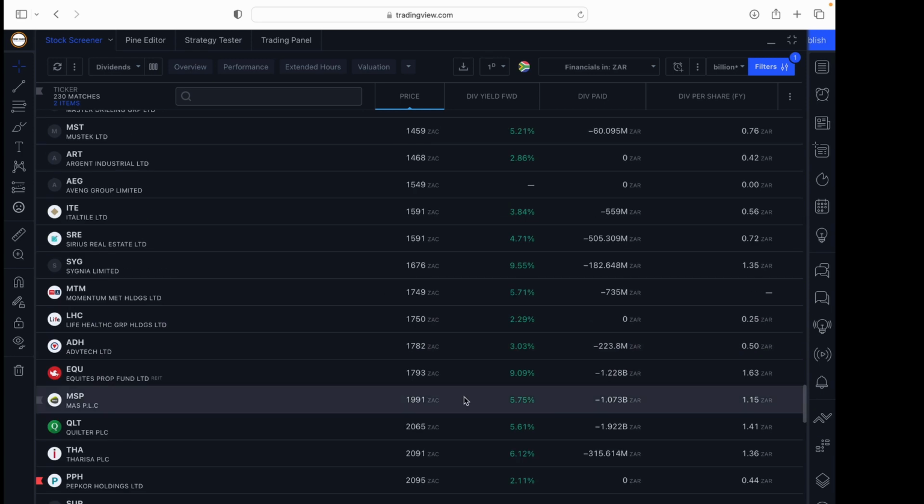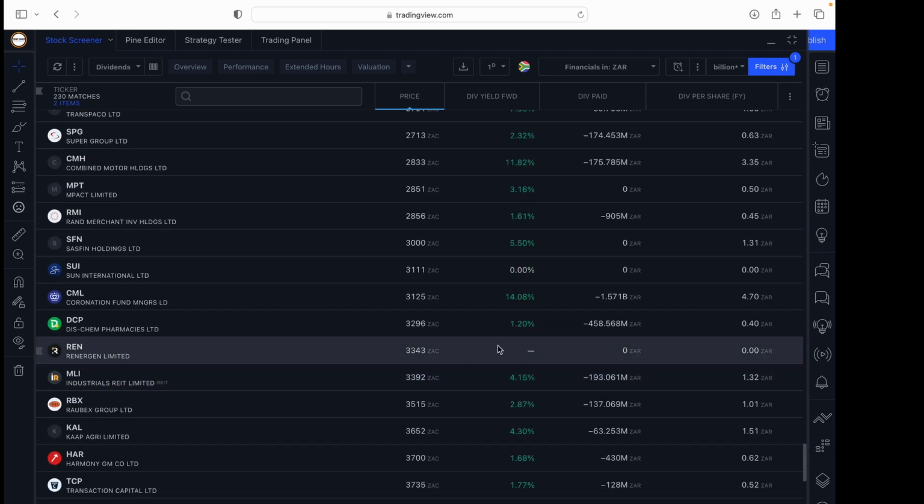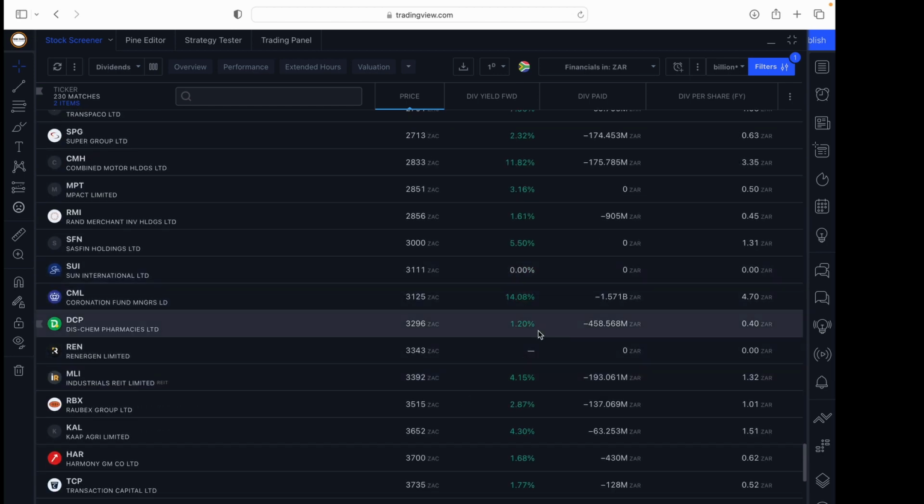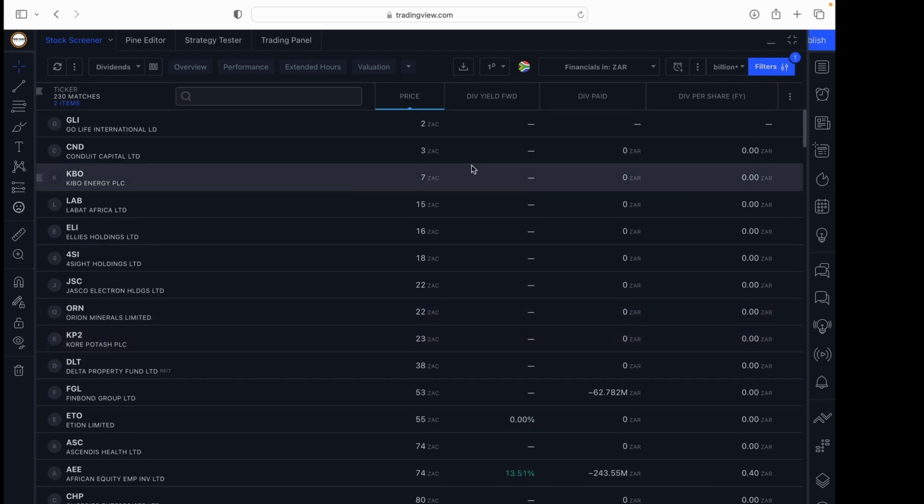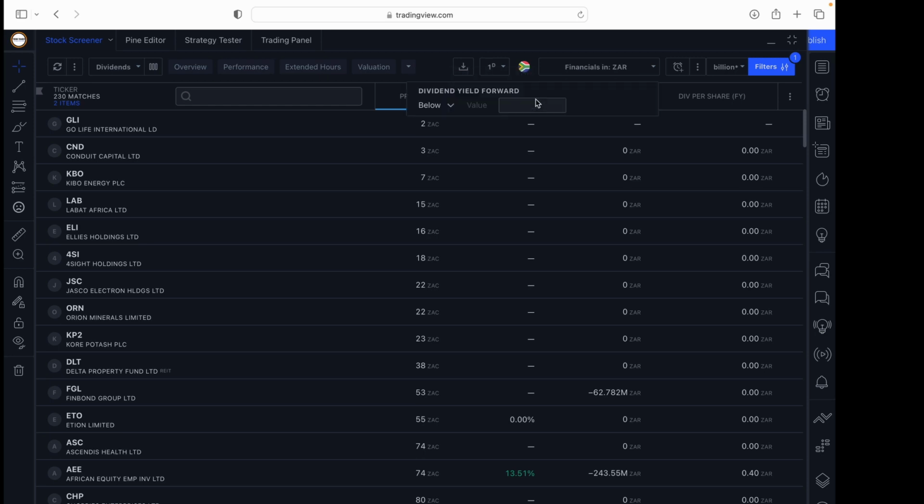So now, instead of browsing through all these companies, going through the ones that have dashes and zeros, we can just decide to filter based on the dividend yield. When you go to the dividend yield tab there, you see there are these two things next to the dividend yield. When you click on it, there's an option to filter the information. So here we're looking for companies that pay a dividend yield that is above or equal.